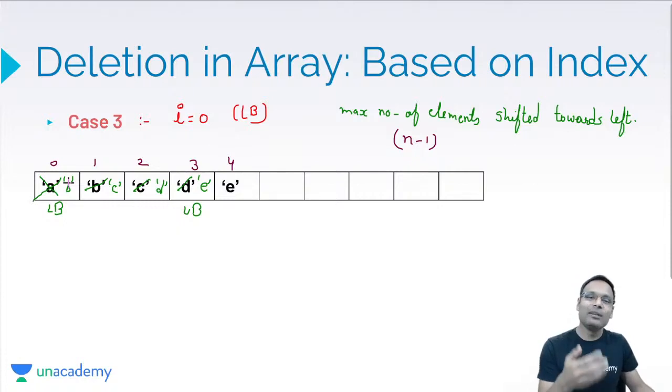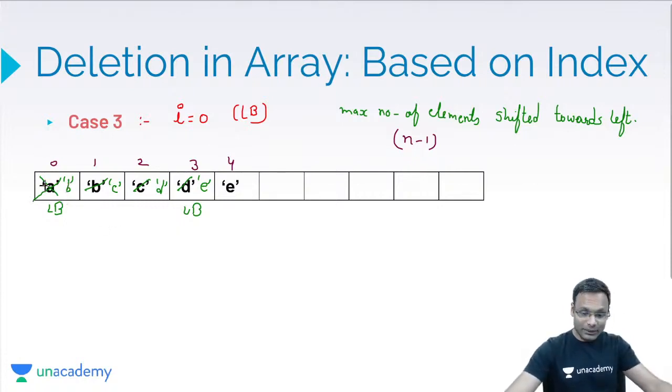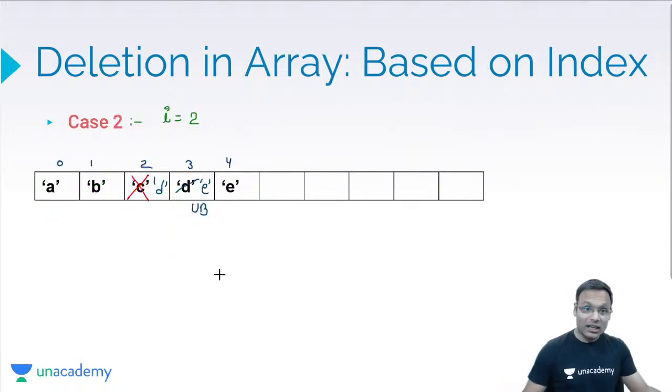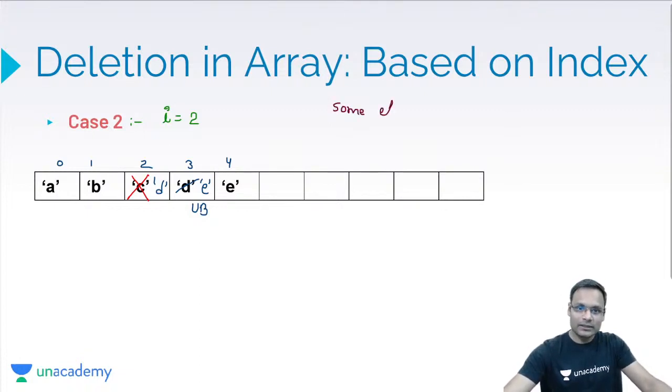Why? Where will you shift the first element? So it is deleted. The first element is deleted. So the maximum number of elements shifted towards left is n minus 1. Here some number of elements are shifted towards left, some elements shifted left side.